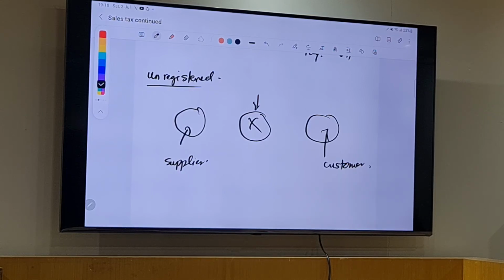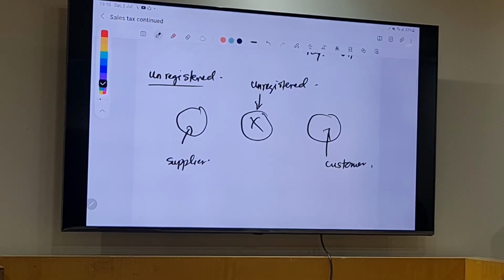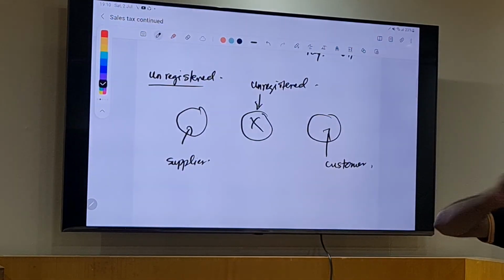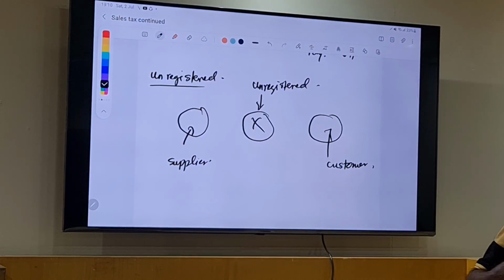Now this business is unregistered. It doesn't matter whether the supplier or customer is registered, unregistered or zero rated, it is not a question for us. Now our situation, we are an unregistered business. So then I have a purchase of 60,000. Now, for the sake of the best example, we assume the supplier is registered, standard rated.